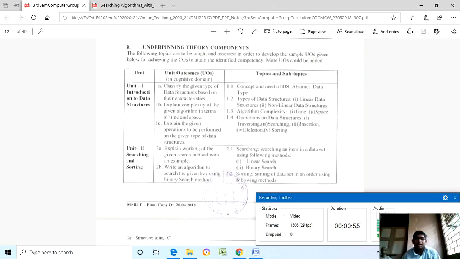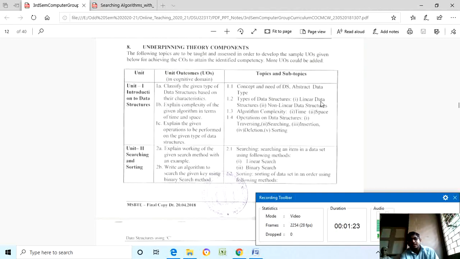So in the last lecture, I told you that in the course of data structure, we have to study different algorithms for searching, algorithms for sorting, algorithms for stacks as well as queues and trees or graphs. And for every algorithm, we have to create a mathematical model, and based upon that mathematical model, we have to define the time complexity of that algorithm.